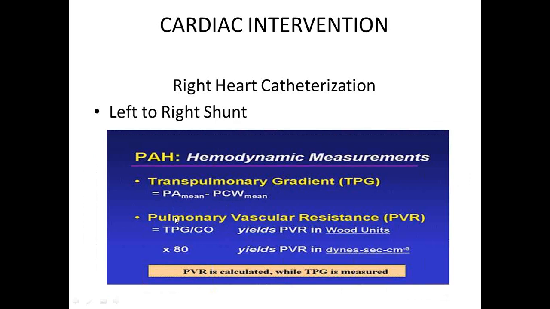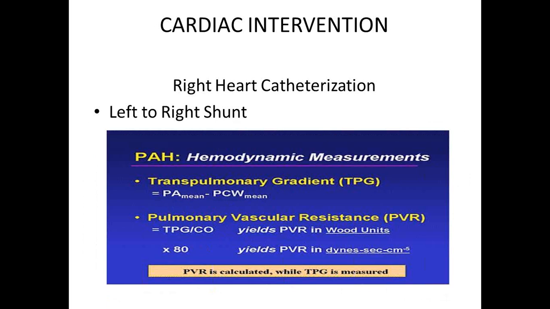And your pulmonary vascular resistance is equal to the transpulmonary gradient divided by the cardiac output, or the output in the pulmonary circuit. Remember, we just went over how you calculate your pulmonary output, or the pulmonary flow. So that's oxygen consumption over your AV oxygen content.